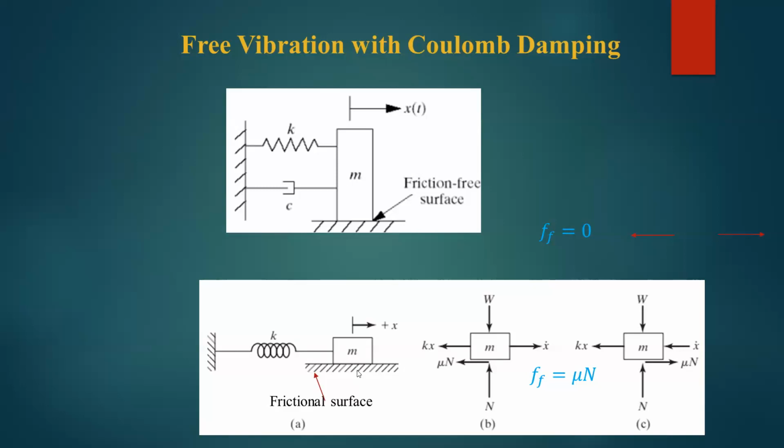So when this mass tends to move to the right, the friction will deny it to the left. So mu N is the friction force. Then, if the mass tends to move to the left, the friction will act in the opposite direction. This free body diagram illustrates those conditions.